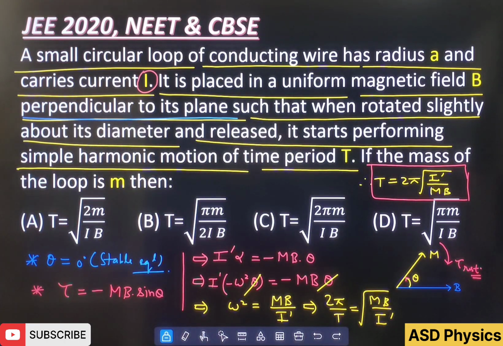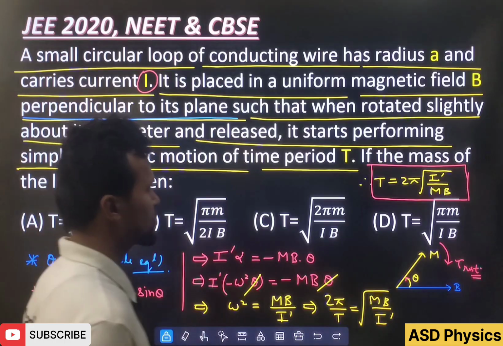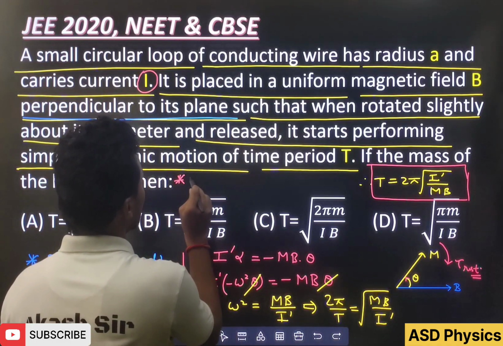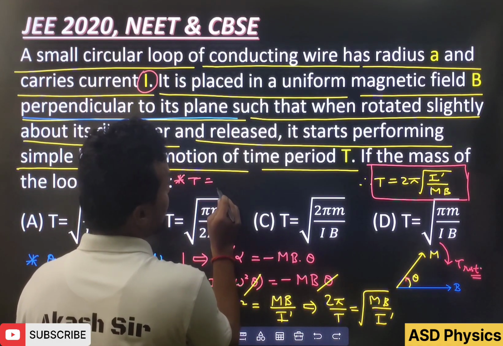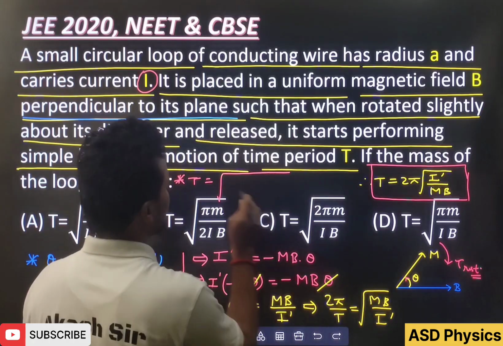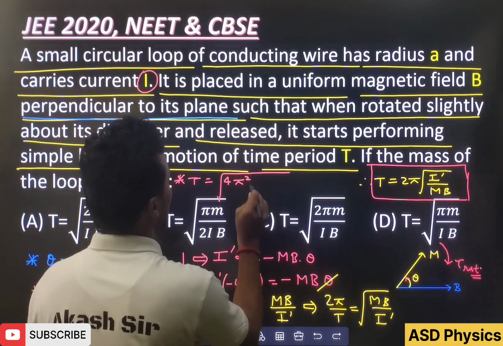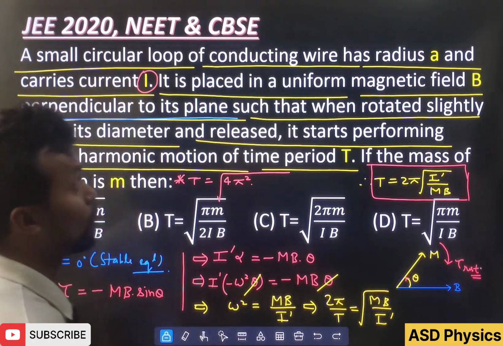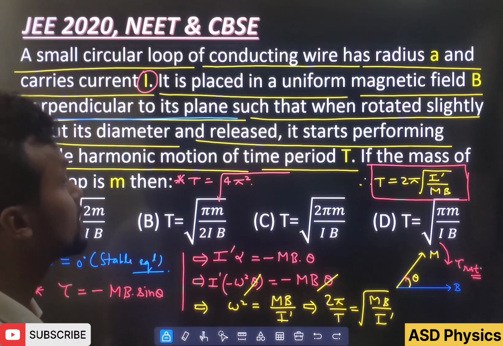Kindly see here very well. After that we just have to put in the values and the answer will come. So we can write this time period as given here. 2 pi I have sent inside because the question requires it: 4 pi square, 2 pi went inside. What is I dash? Moment of inertia.